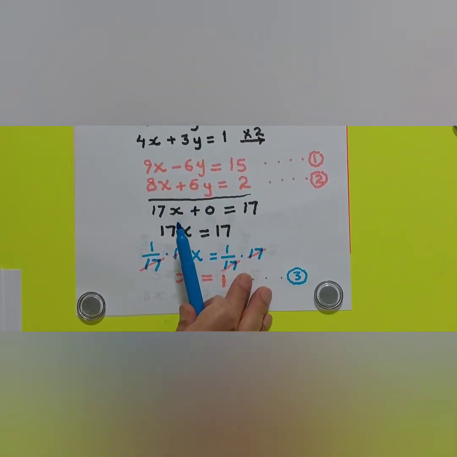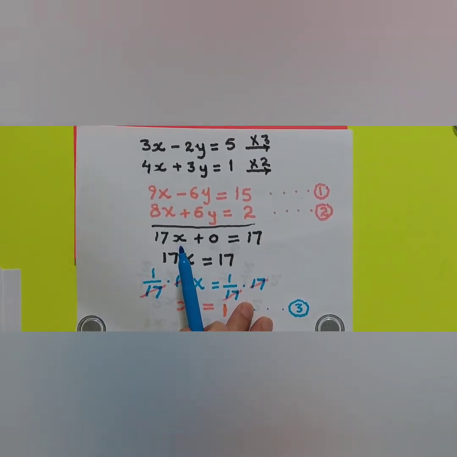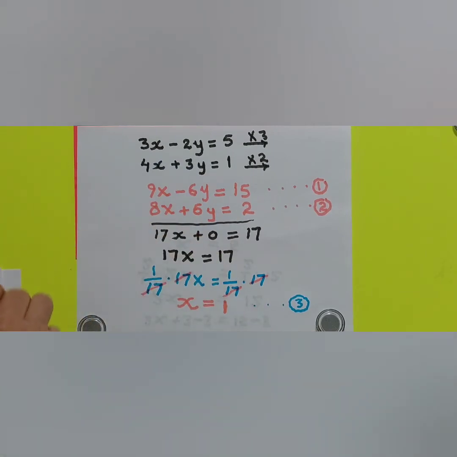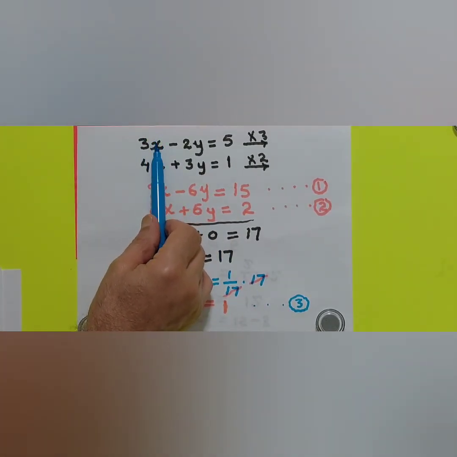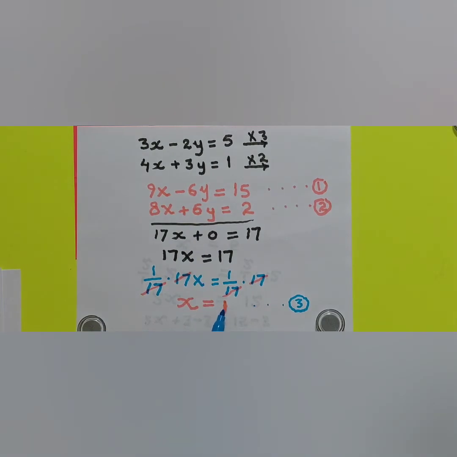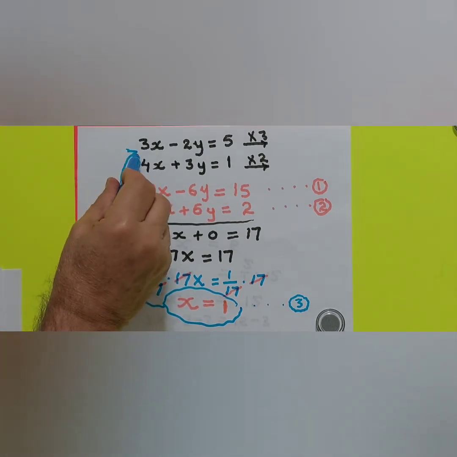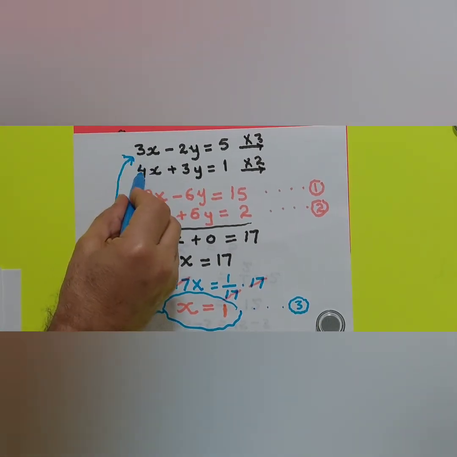It's better to use the original one, either this one or this one. Put instead of x, put 1 here, because x is equal to 1, as you see. Take it and put it here or here, whatever.